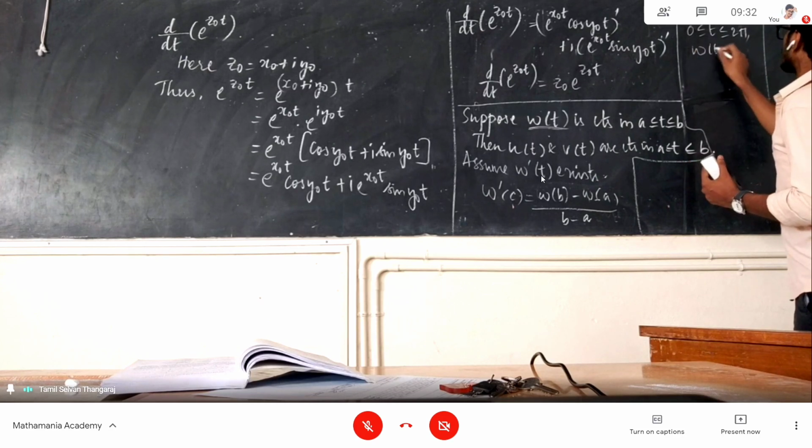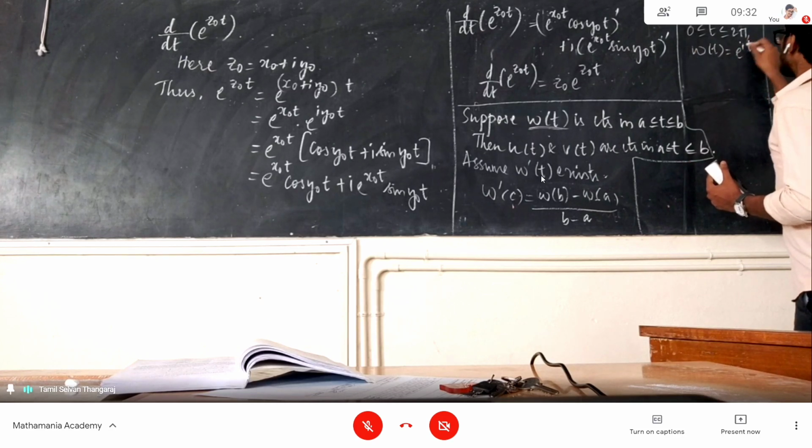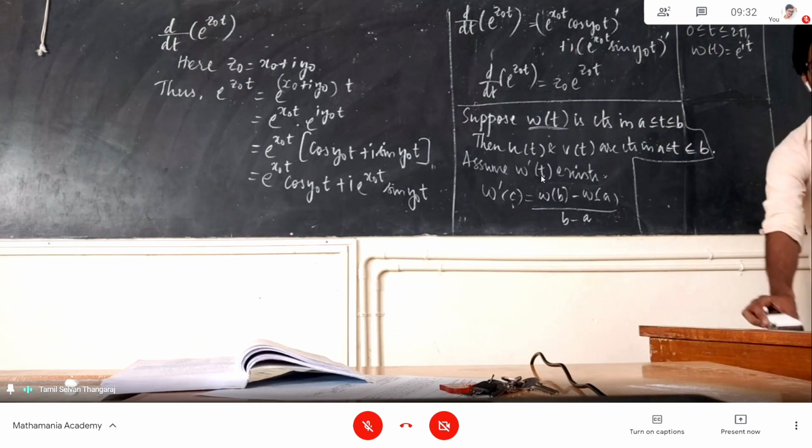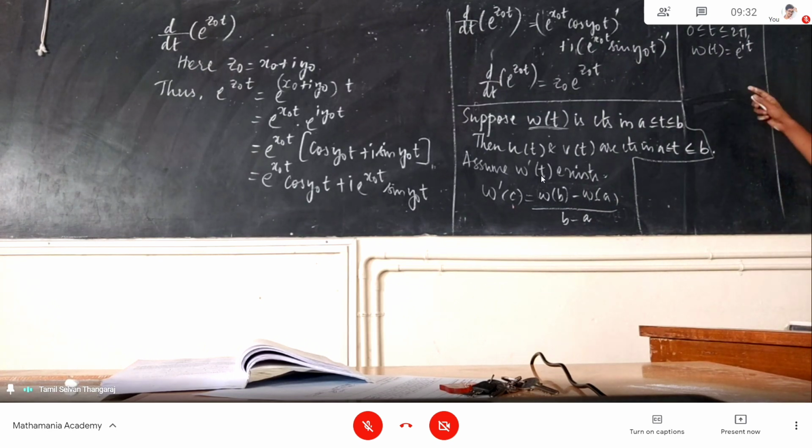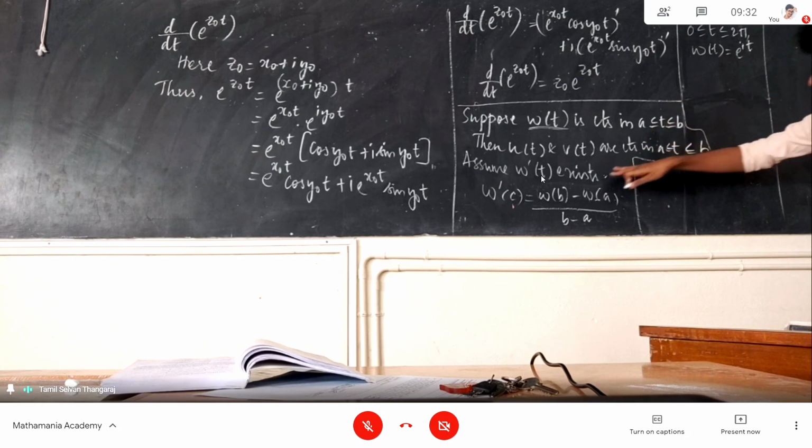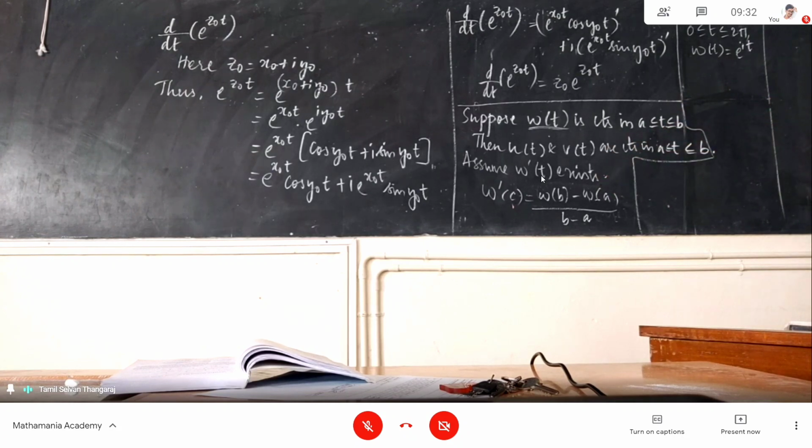So this is the function that we are considering. You observe this function is continuous in the given interval, and this function is differentiable in the given interval.